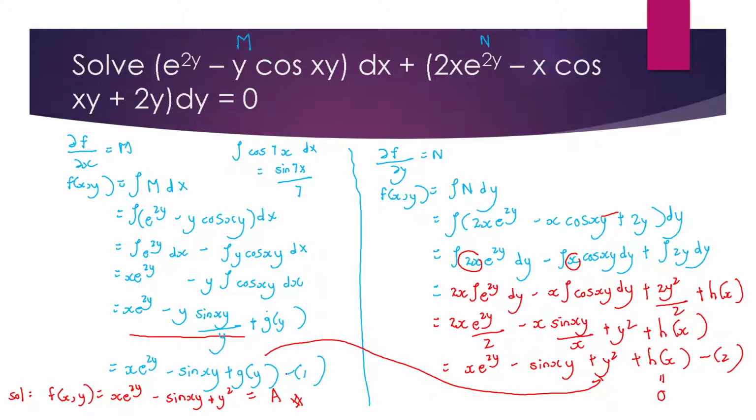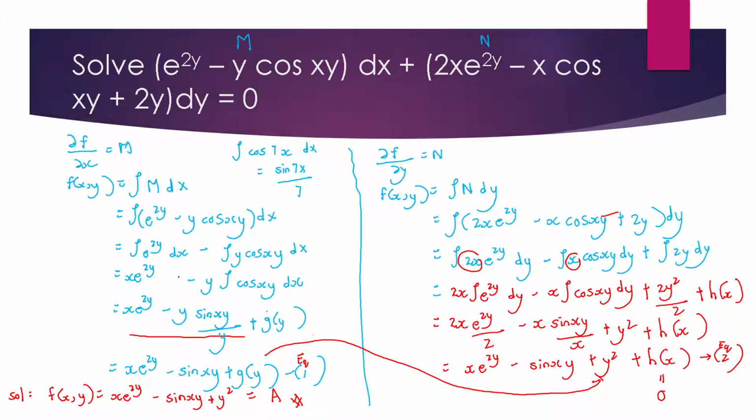This is not minus 1. I labeled this equation 1. I mean f(x,y) is x e^(2y) minus sin(xy) plus g(y). This line is equation 1. This is not minus 2. This one is equation 2.